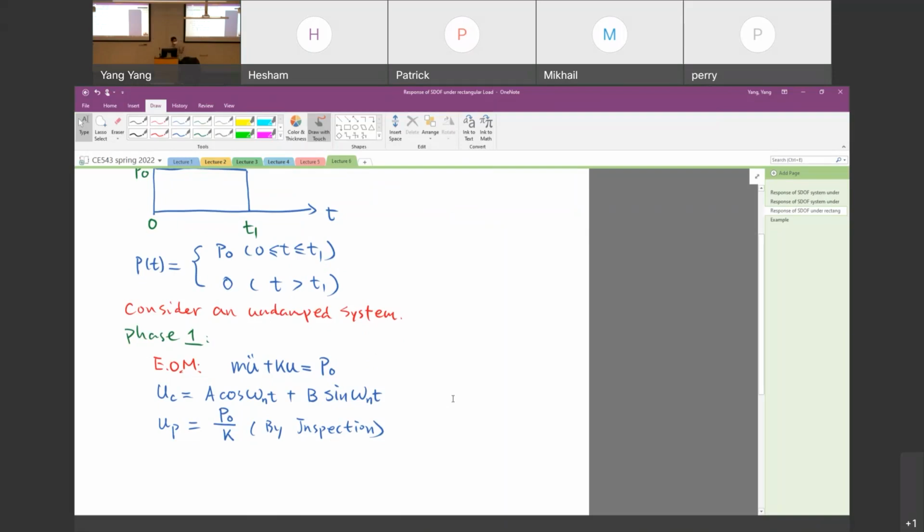Right? Yeah. So that's a rectangular. So initially, you have the weight of the remote console added to the top of the platform and then removed.